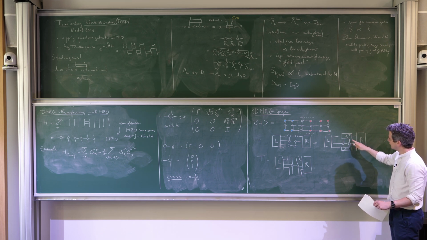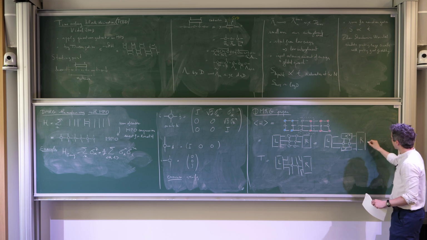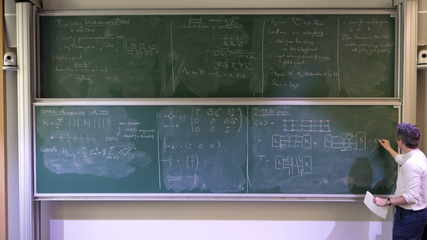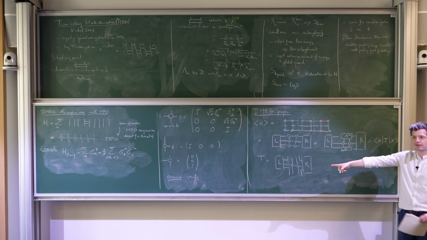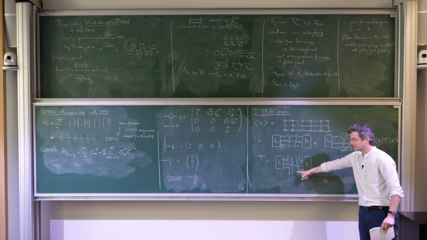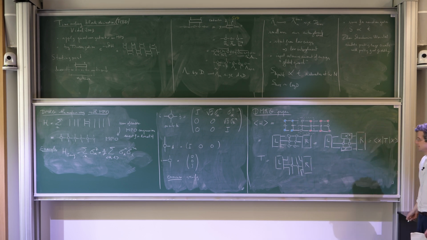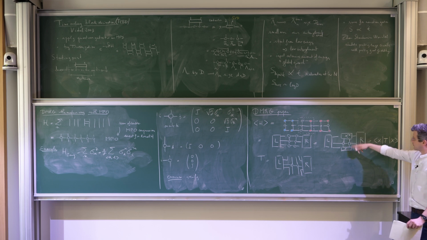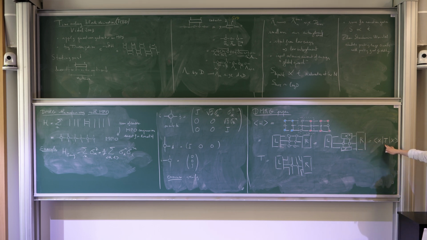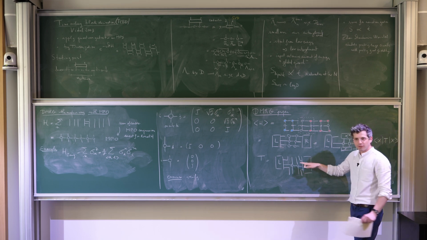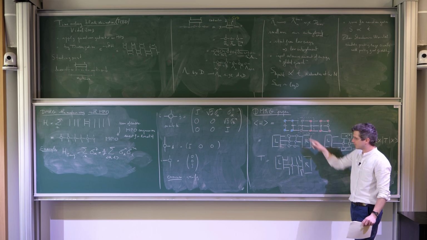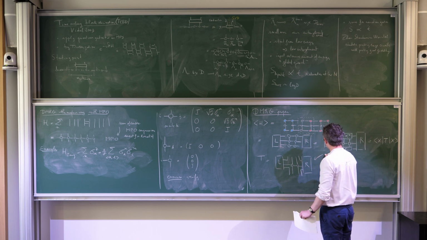This object is in a way like x, T, x, where I've defined the map T here. So how do I minimize this? I should say also, because we were careful in all these choices of gauge, this map is self-adjoint.